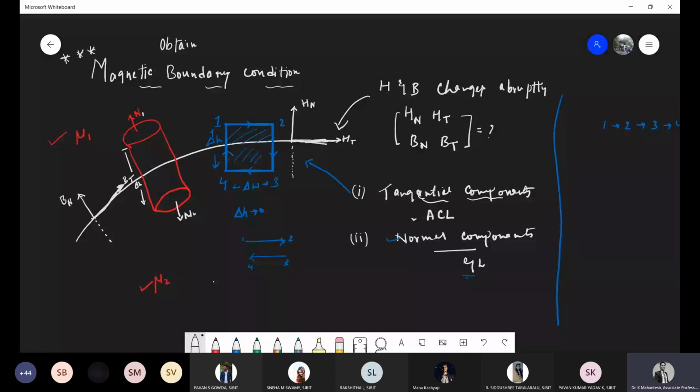So this is with respect to Gauss law. This is Ampere circuital law, used to obtain tangential components, whereas Gauss law is used to obtain normal components. Now we are dealing with tangential components. If you are done with this figure, I'll go to the next slide.